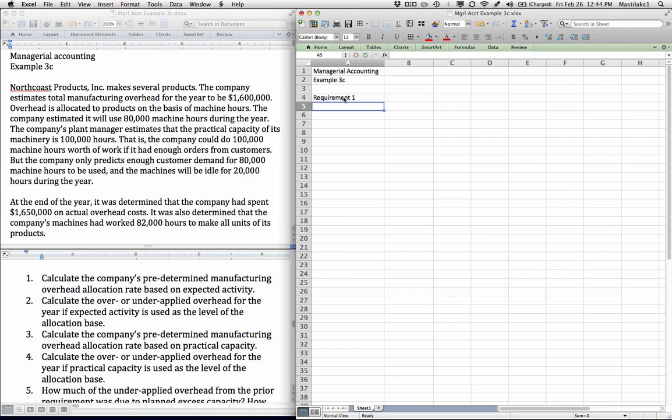Our first requirement asks us to calculate the company's predetermined overhead rate based on the expected activity. So in this case, we're going to use $1.6 million of estimated manufacturing overhead costs as given, and we're going to use the estimated activity of 80,000 machine hours.